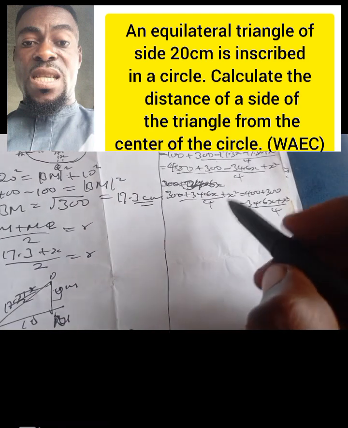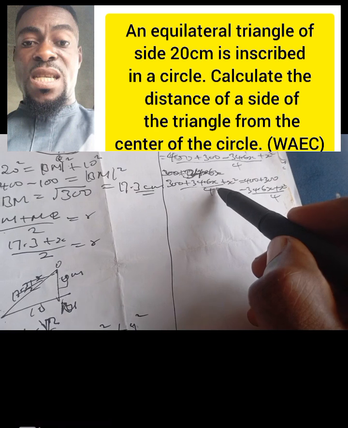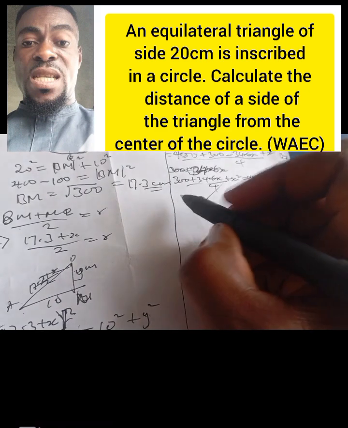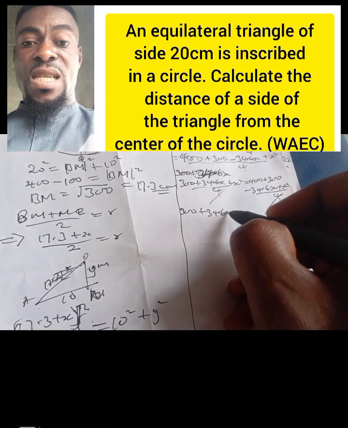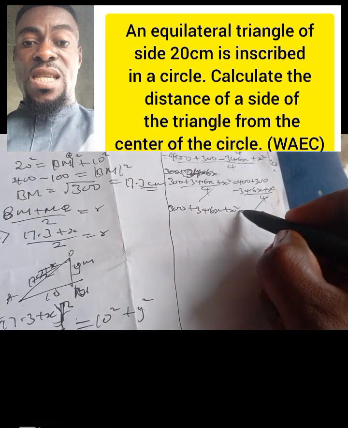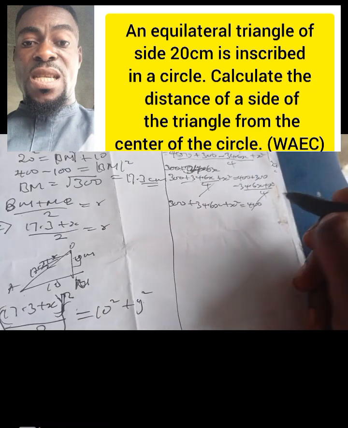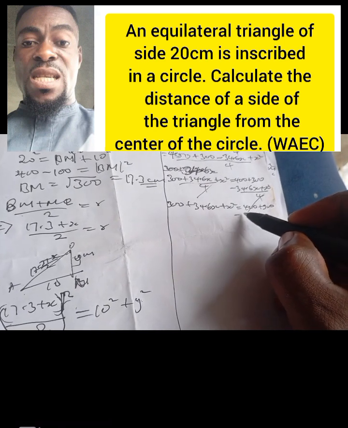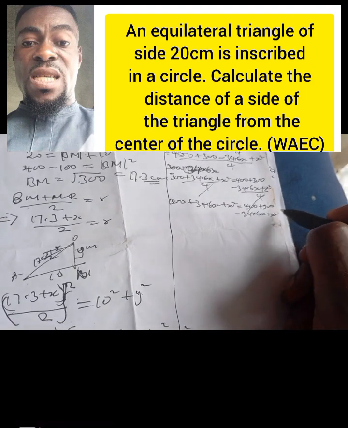So now to solve for this, we can multiply both sides by 4 to cancel out the fraction. So this 4 will cancel this 4. What we are left with is 300 plus 34.6x, then plus x squared is equal to 400 plus 300, then minus 34.6x plus x squared.